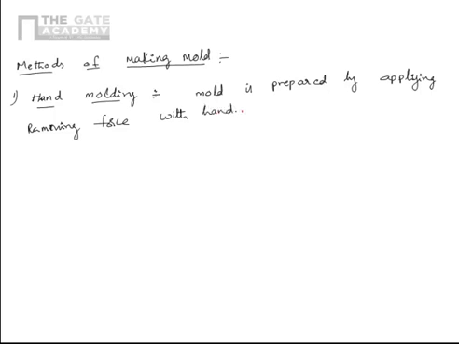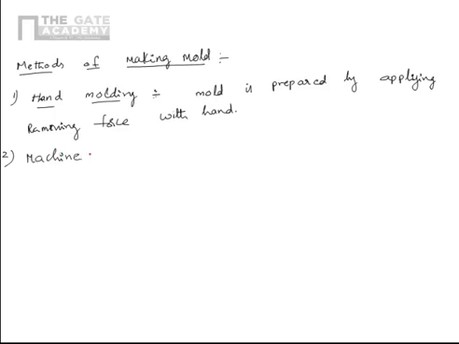In foundries, mostly in BTech first year, you may have done sand molds. There you apply force only with the hand. That is called sand molding, the preparation of the mold by hand. Second one is machine molding.